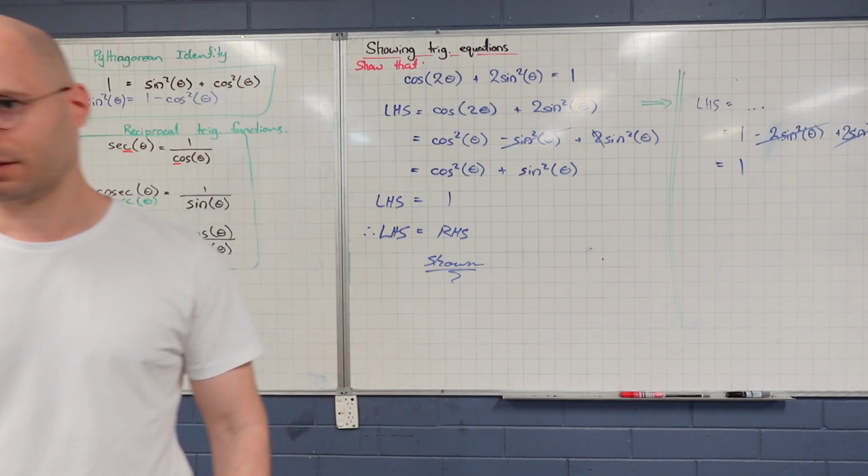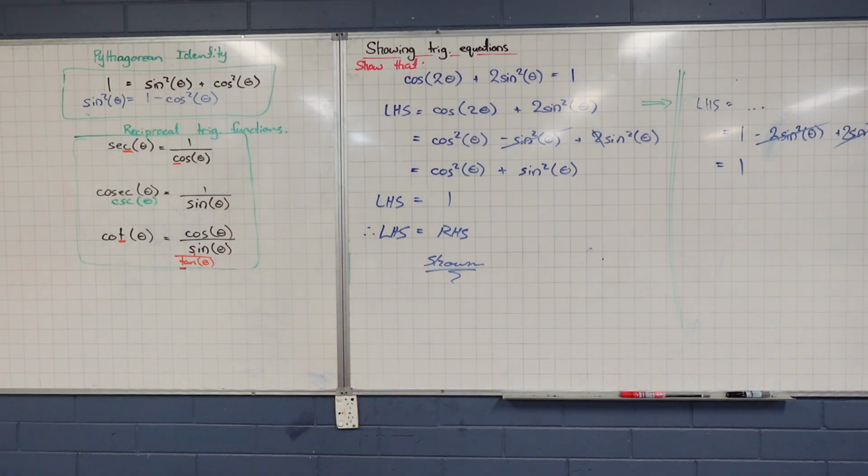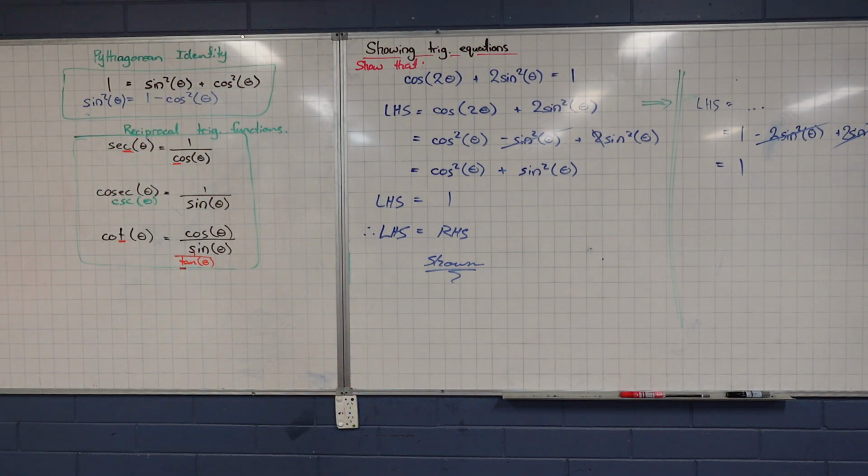What rule did you use for that one? The cos 2a. How did you get negative 2 sine squared theta? Oh, it was cos 2a equals 1 minus 2 sine squared a. It's the bottom one of the cos 2a's. Oh, right.